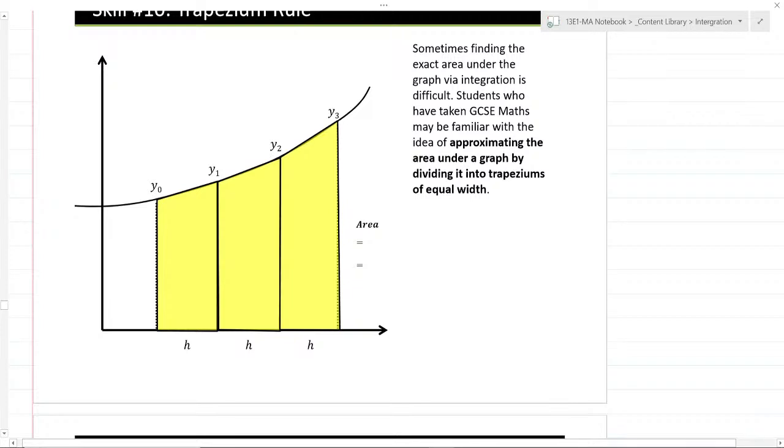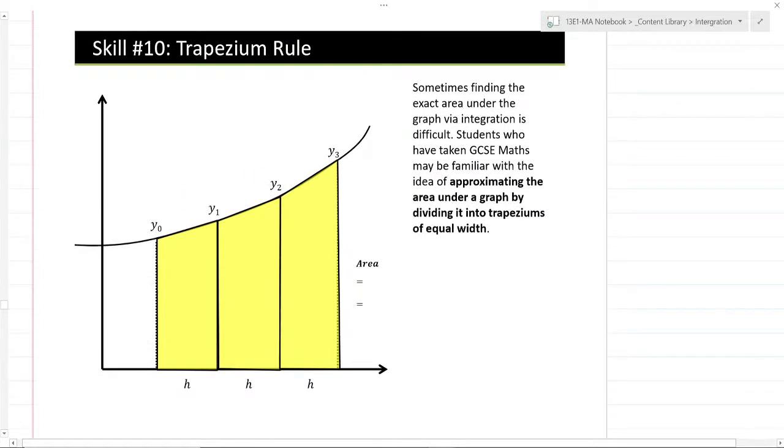However, at A level, instead of having to work out the trapeziums individually, there's a formula that we use. It's in the formula booklet, as you could probably guess. However, the problem we've got is that not all functions or lines can be integrated.